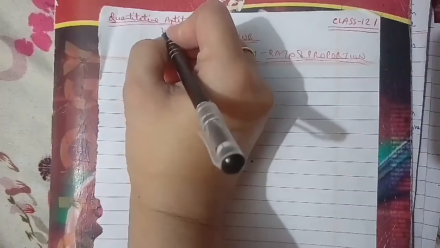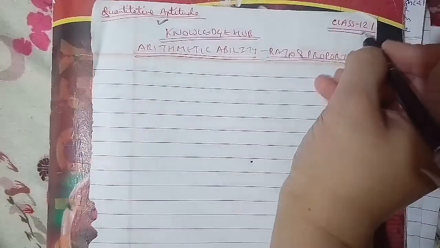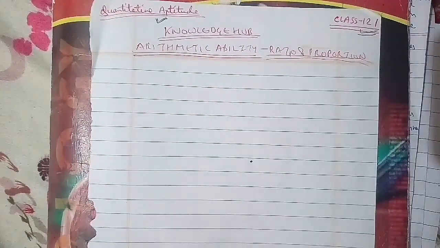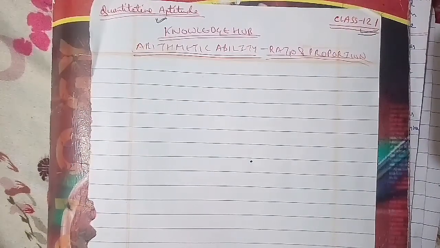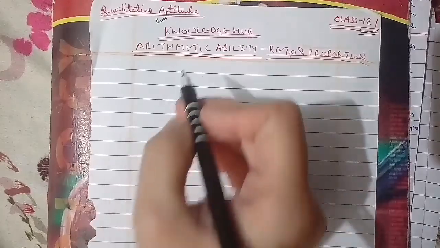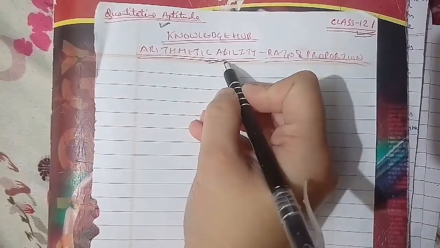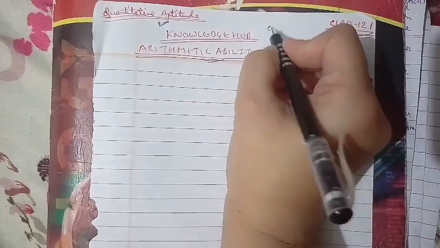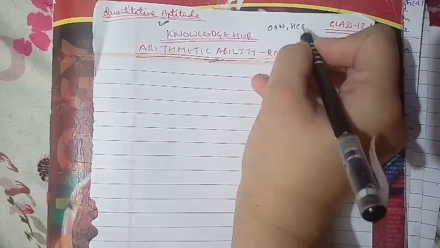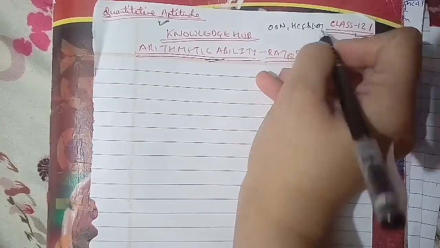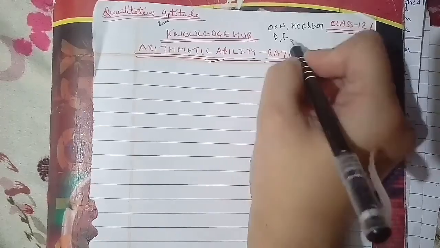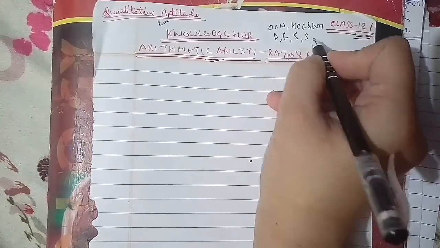Today we're going to start with your quantitative aptitude class. This is the 121st class of the session. In the last classes we had done the 120th class of the session, and that was from arithmetic ability. In that we had done operations on numbers, HCF and LCM of numbers, decimal fractions, simplification, square roots and cube roots.